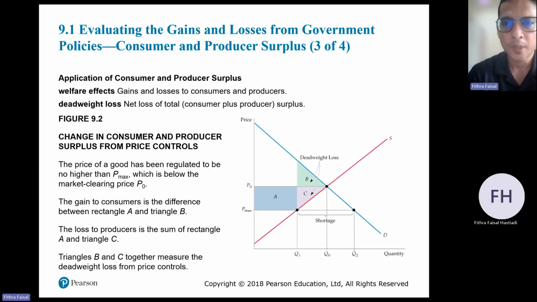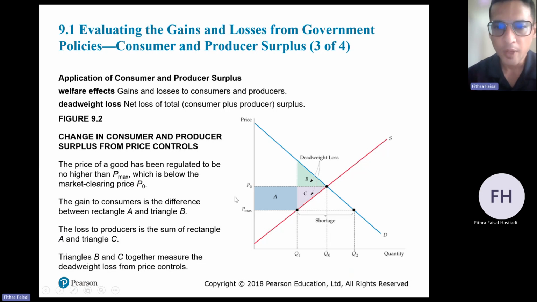So how about if we exercise some of the policy dynamics? For example, here we have the price that is set at the price max. The price of the good has been regulated to be no higher than P max.